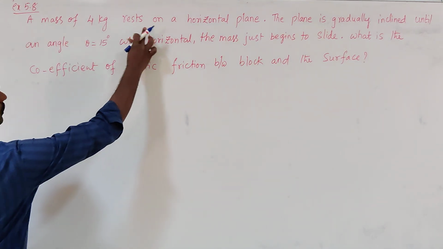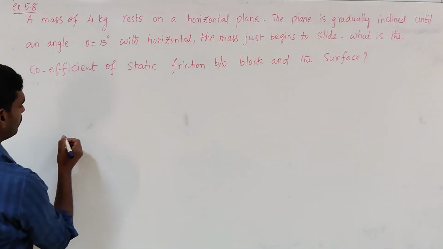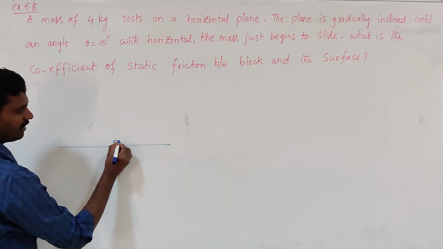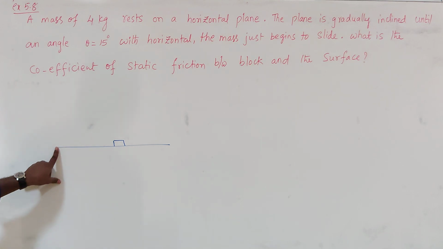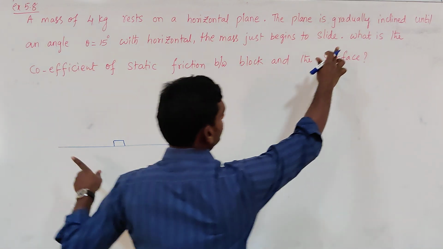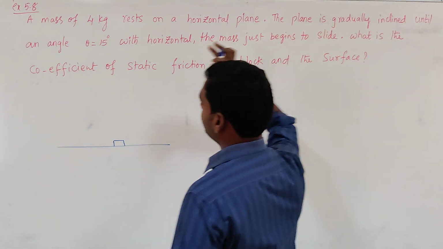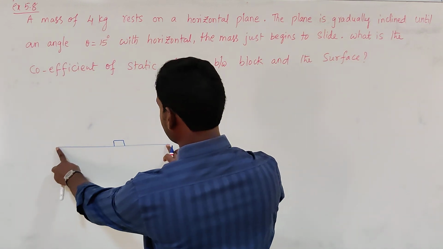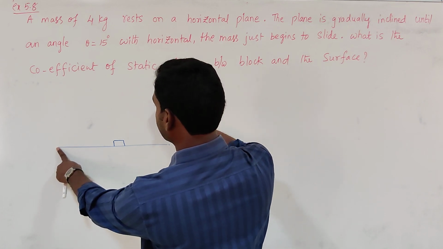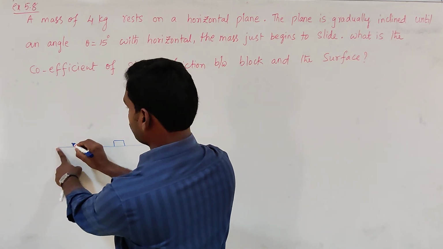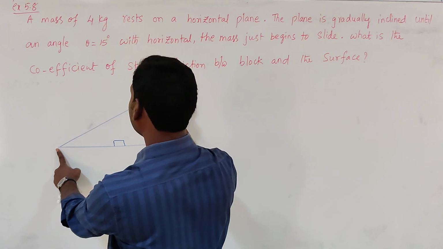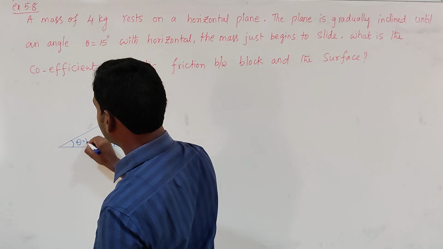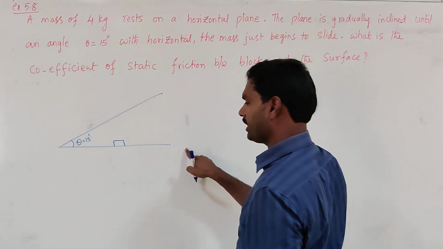A mass of 4 kg rests on a horizontal plane. The plane is gradually inclined until an angle theta equal to 15 degrees with the horizontal. This plane is raised gradually until theta equals 15 degrees with the horizontal direction.